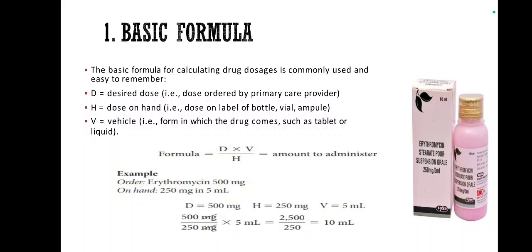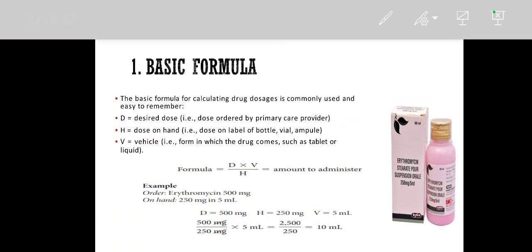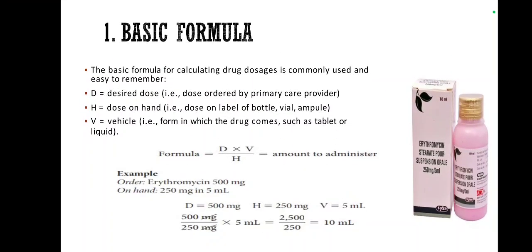In 5 ml there is 250 mg, so you have to use the 5 ml as the volume or vehicle. So 500 divided by 250 is equal to 2, times 5 is 10 ml. So this is your desired volume. This is the volume that you need to withdraw from the vial of the medication, or from the bottle.